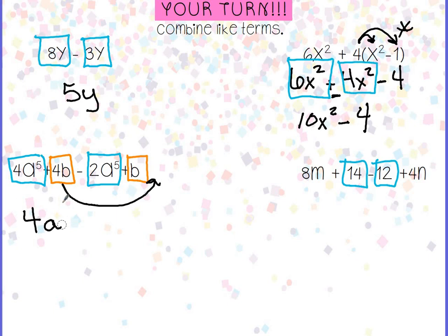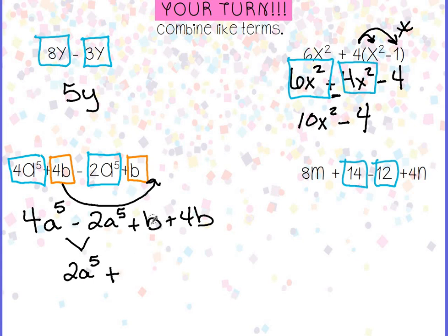So I can rewrite this as 4a to the 5th minus 2a to the 5th plus b plus 4b. Then I can go ahead and combine.